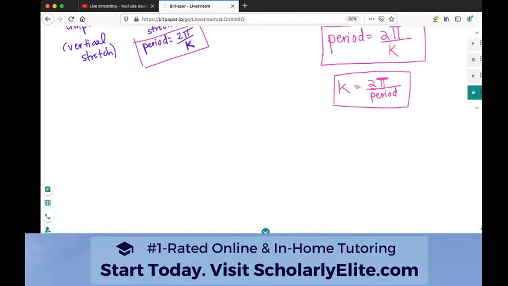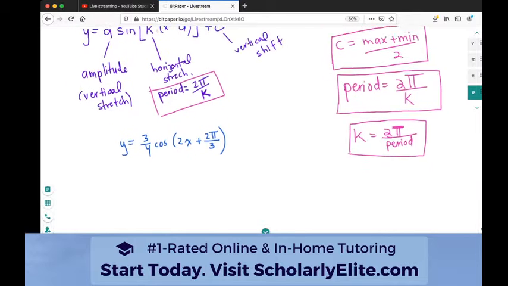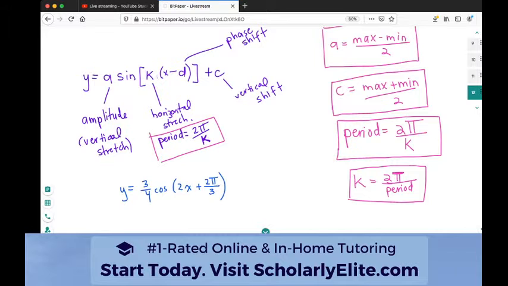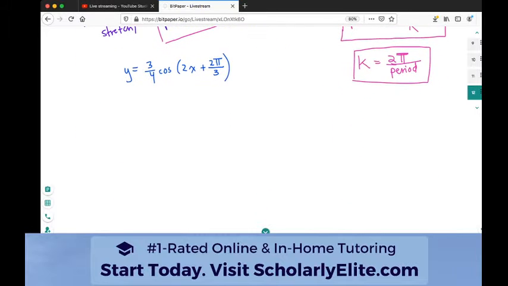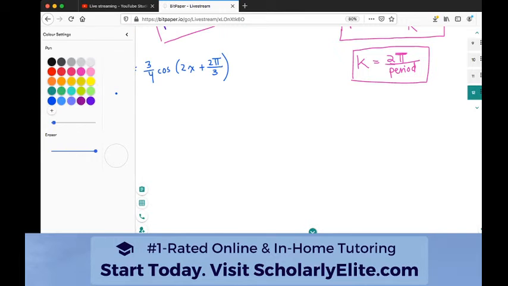Let's say, for example, you were given the question y equals 3 over 4 cos 2x plus 2 pi over 3. And they asked you, find the amplitude, period, and phase shift of this function, right? Well, let's go ahead and do that. So the amplitude, obviously, is the a value.